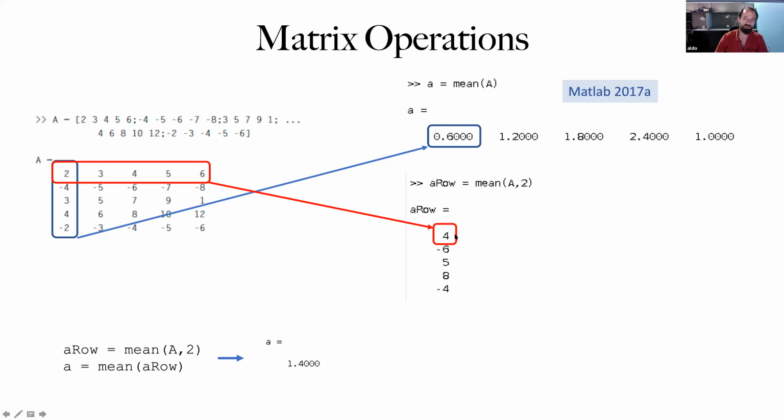First calculate the mean row by row, specifying the dimension here, and then simply perform a mean of the column vector that you obtained previously. In this way, you'll be calculating a mean of a mean, and since it's 2 dimensions, up to this version, you have to perform 2 different steps to get to the final result.